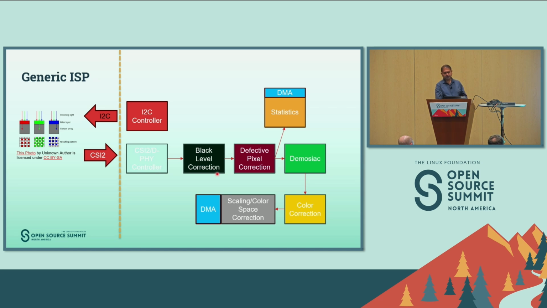A few of them listed here: black level correction, defective pixel correction, demosaic, color correction, often accompanied with scaling or color space conversion, and a DMA to write all of that out to memory. There will also typically be a statistics block, which will also have a DMA.